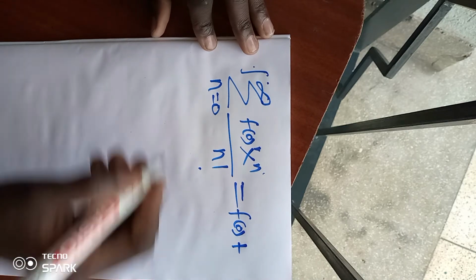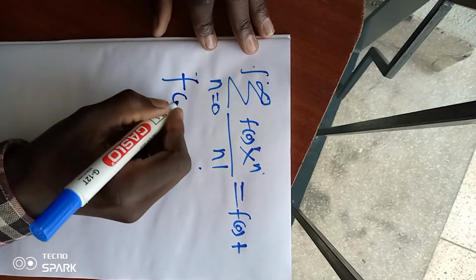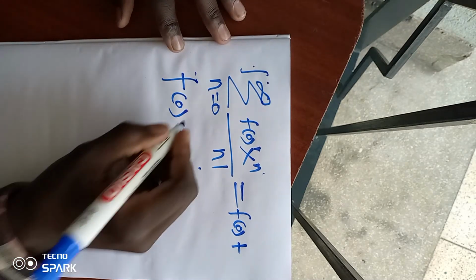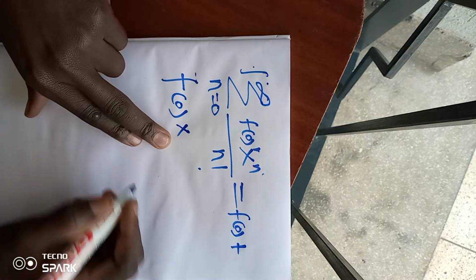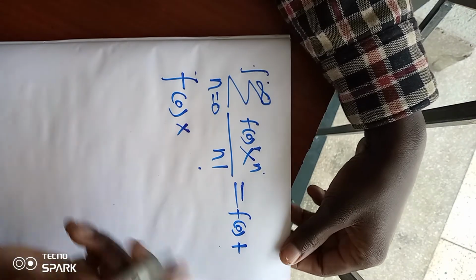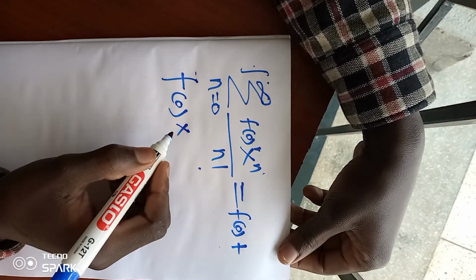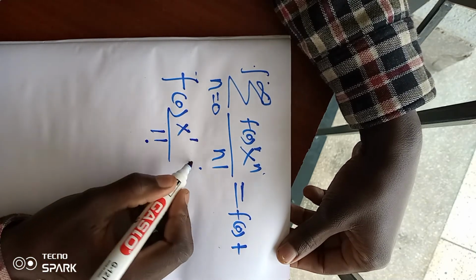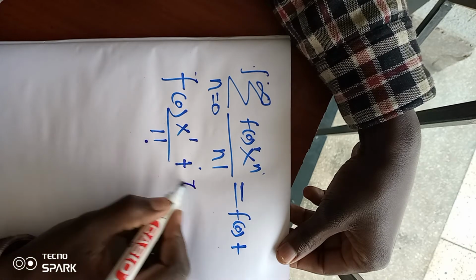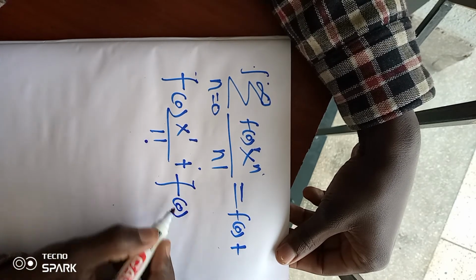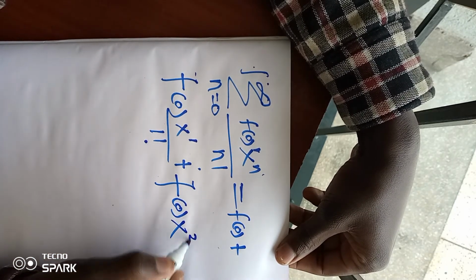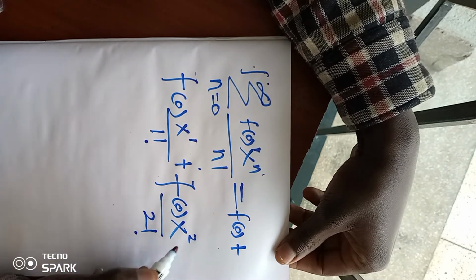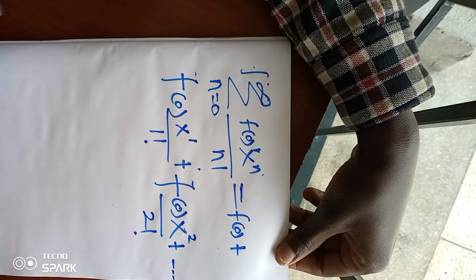Again, let's proceed. When n equals 1, the series will be x raised to power 1 over 1 factorial. When n is 2, it will be x raised to power 2 over 2 factorial, and this goes up to infinity.